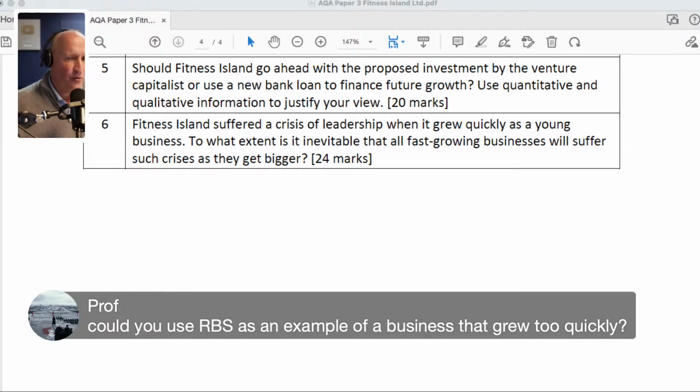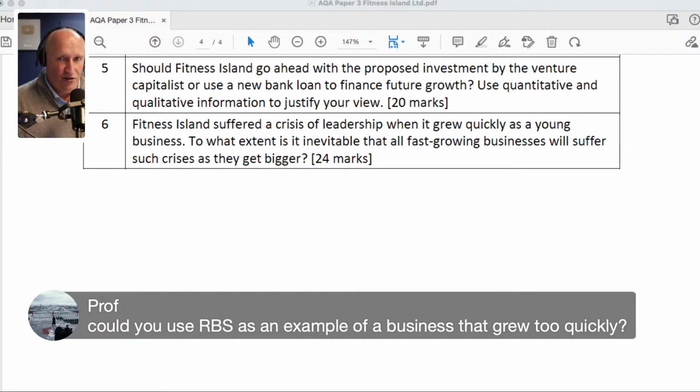Tried to turn RBS into one of the world's biggest banks, did it through some seriously inappropriate takeovers, including ABN AMRO, I think from memory, and a number of others. Turned RBS into a disaster through external growth.